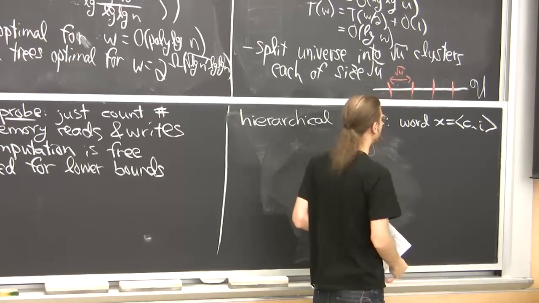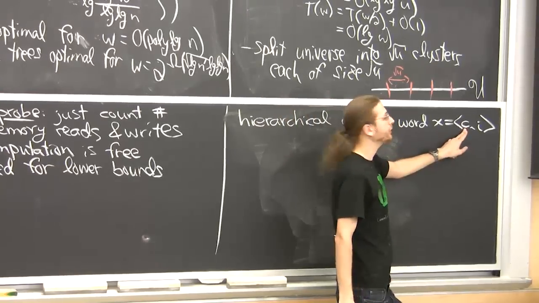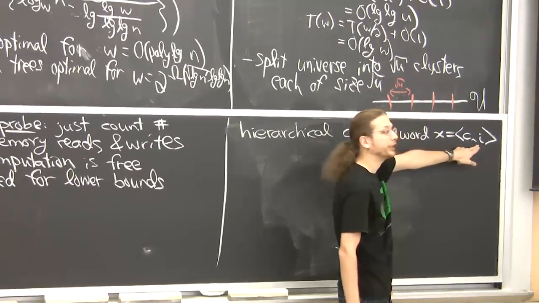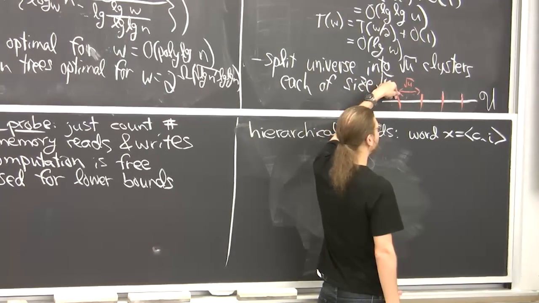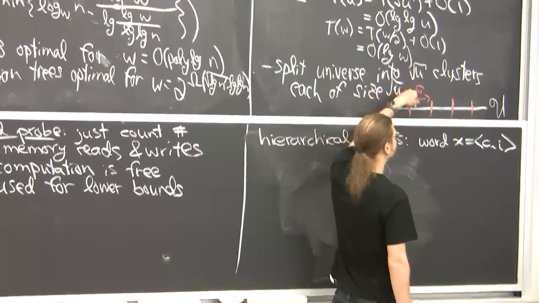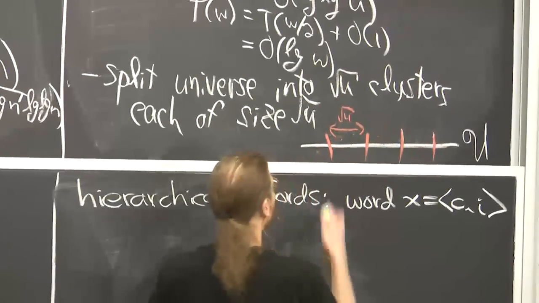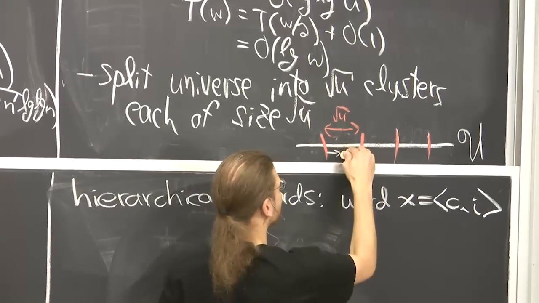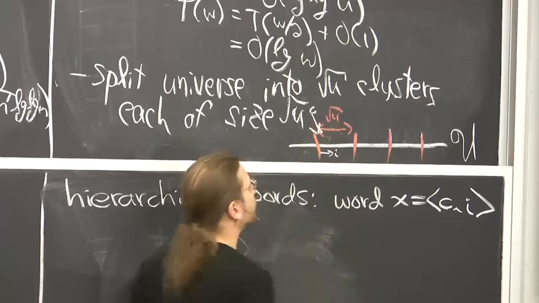I'm going to use angle brackets so it doesn't get too confusing. c is which cluster you're in: cluster 0, cluster 1, cluster 2, cluster 3. i is your index within the cluster: 0, 1, 2, 3, 4, 5 up to root u minus 1 within this cluster, then 0, 1, 2, 3, 4, 5 up to root u minus 1 within the next cluster.